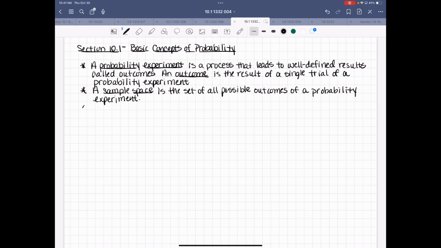And an event is any subset of the sample space of a probability experiment.